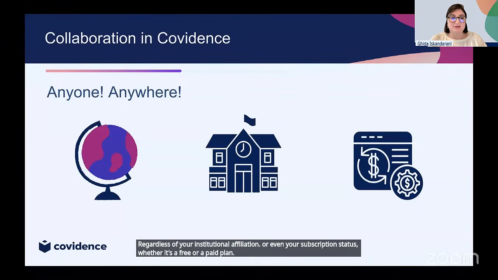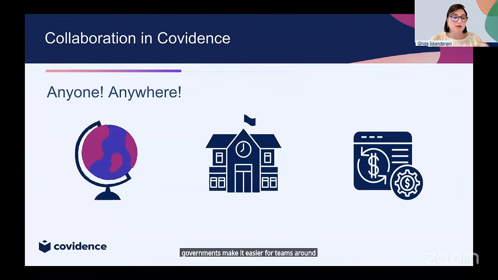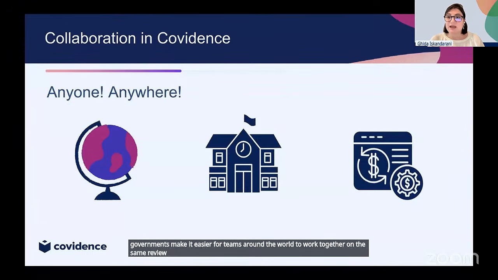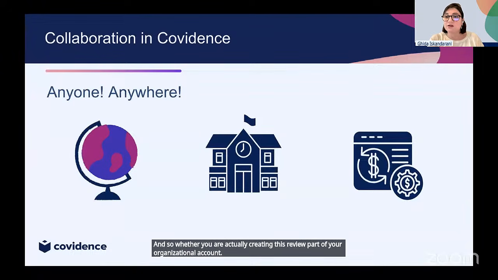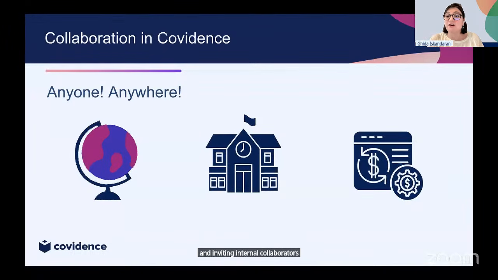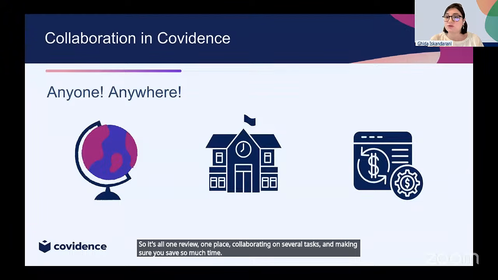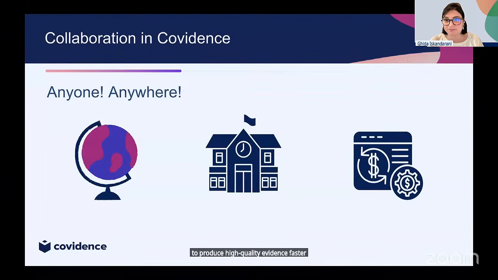Covidence makes it easier for teams around the world to work together on the same review in real time. Whether you are creating this review as part of your organizational account and inviting internal collaborators, you can even invite external collaborators. So it's all one review, one place, collaborating on several tasks and saving so much time to produce high quality evidence faster.